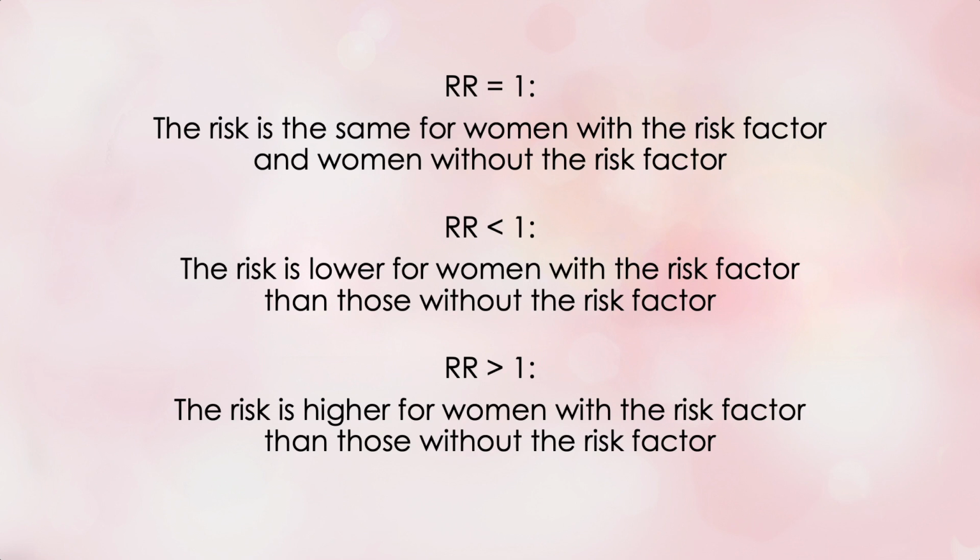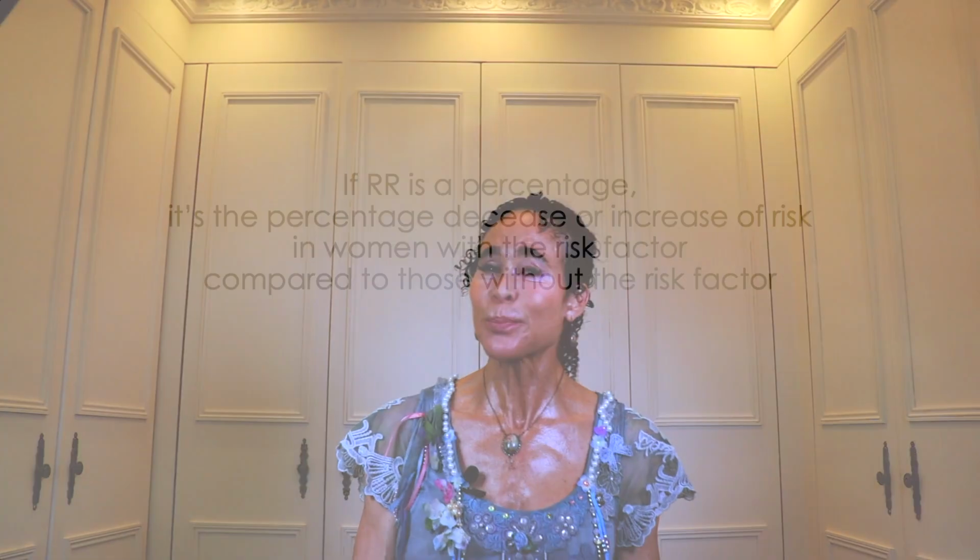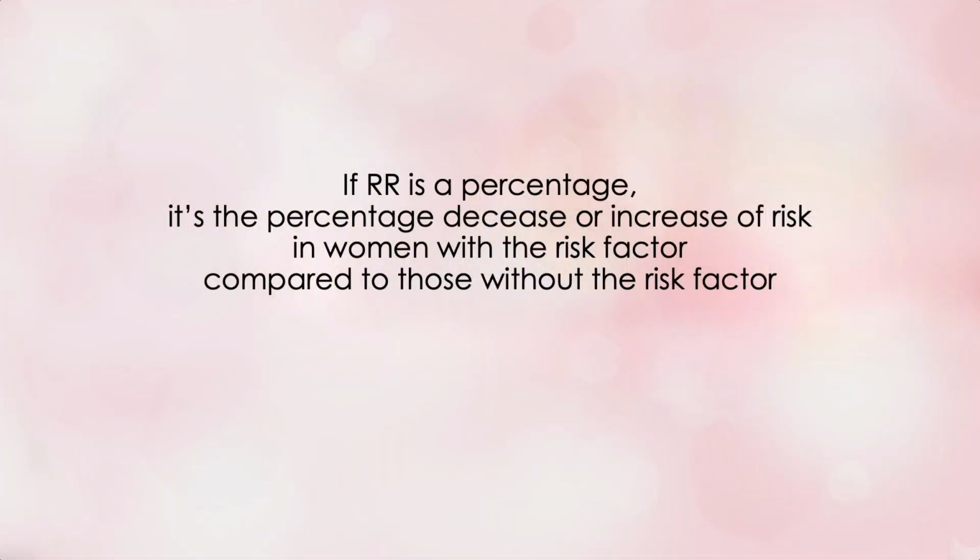If it's less than 1, then the risk is lower for women with the risk factor than those without the risk factor. And if it's greater than 1, the risk is higher for women with the risk factor than those without the risk factor. If it's a percentage, it's the percentage decrease or increase of risk in women with the risk factor compared to those without the risk factor.